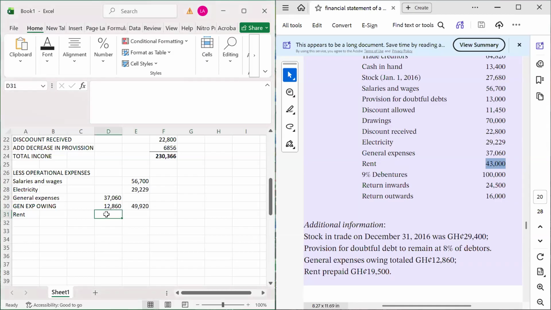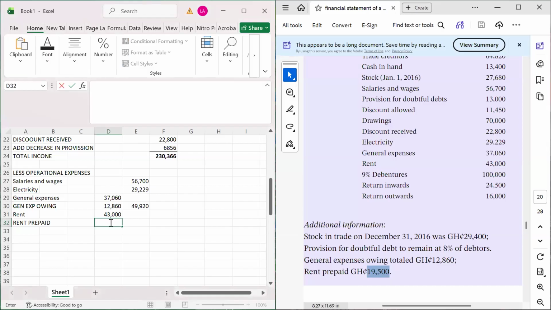Rent figure is 43,000. But we were told that the rent prepaid is also this. And I told you when you say something is prepaid, it means you pay in advance. So that one too, you subtract it from it, because we did not actually spend that for that year. It is the coming year that we'll be spending it.